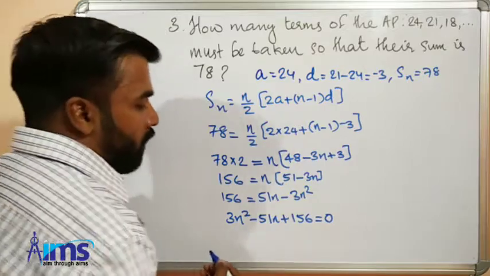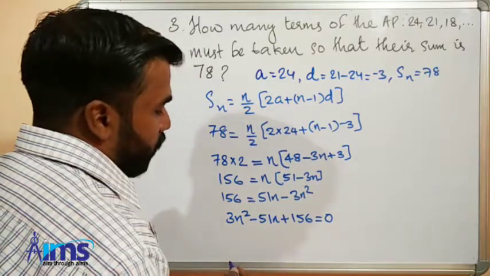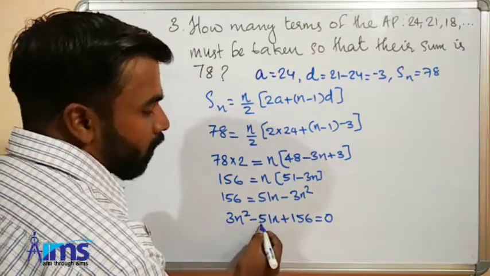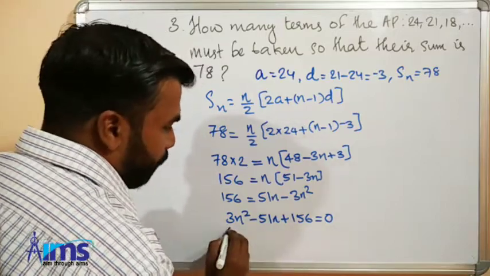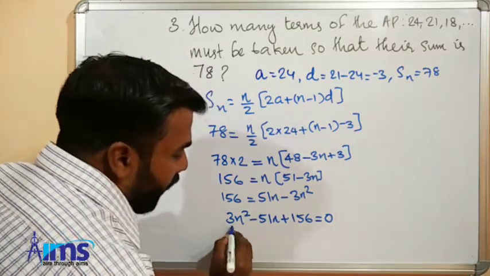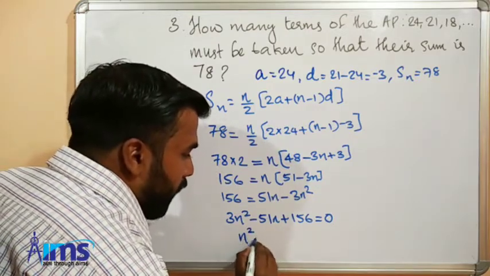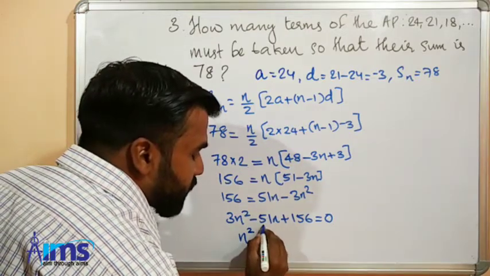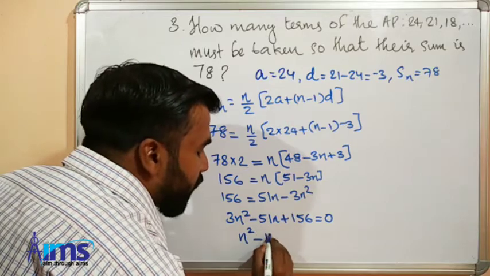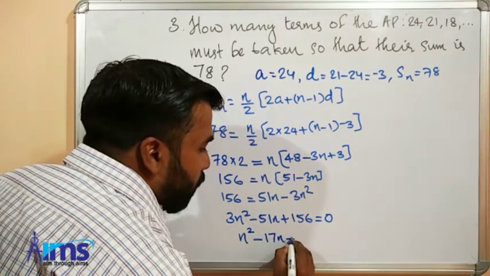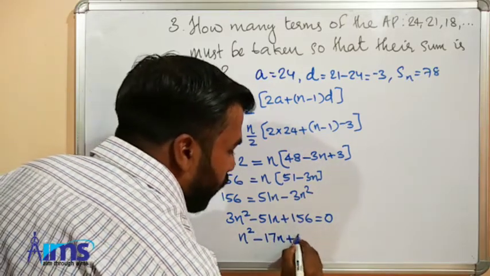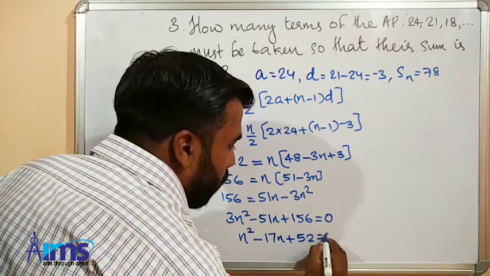So here we can use splitting the middle term. So before that we can cancel all the 3's, isn't it? So here if we cancel 3 from all the numbers, that means n square minus 51, how many 3's are in 51? That is 17n plus 156, how many? 52 is equal to 0.